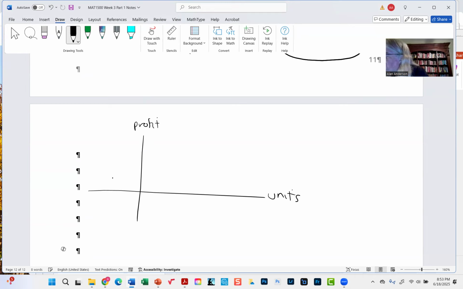And let's say the function is a parabola, basically. Just by looking at this graph, it should be pretty obvious that this point right here is where you want to be.